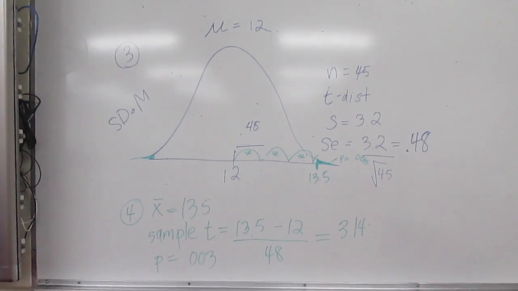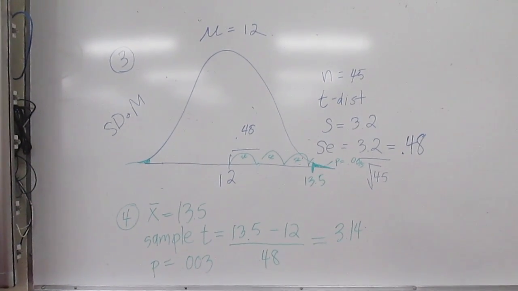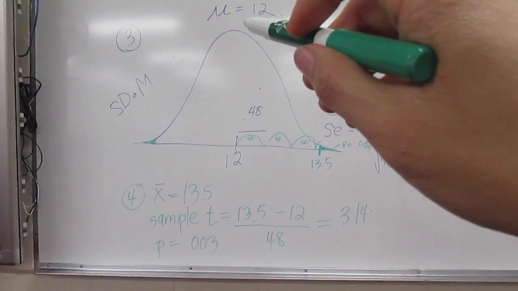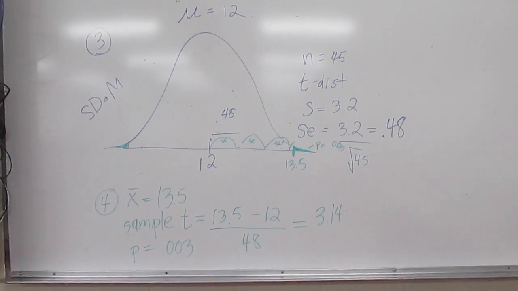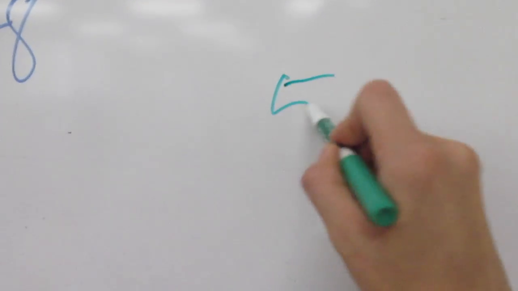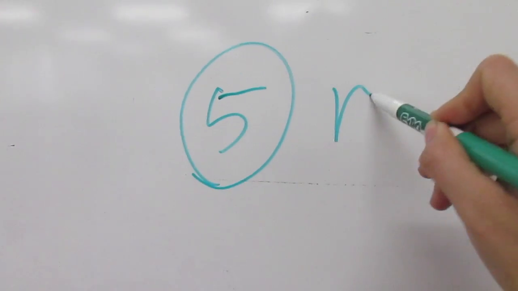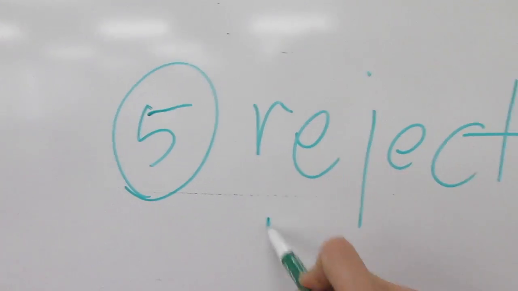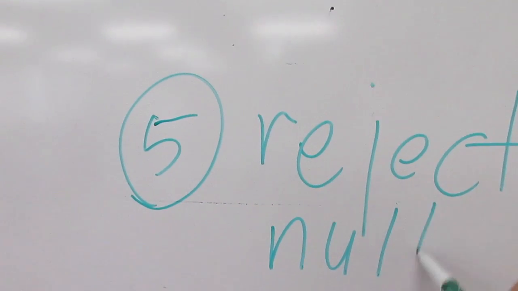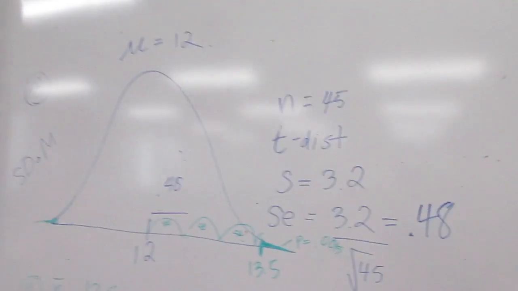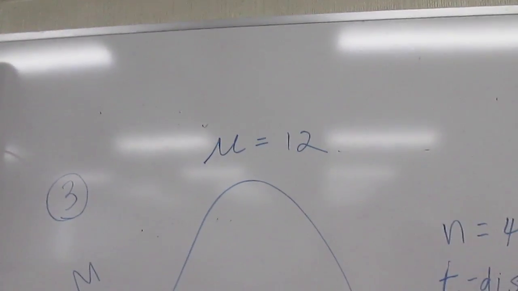That's a very, very small chance that this sample was drawn randomly from this population up here. So step 5, which I could write down right here, is we reject the null. We reject the idea that this was a sample that was randomly drawn from this sort of population.